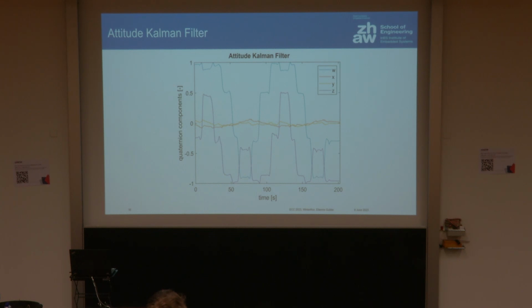So it makes sense that we only turn around the z-axis. The W component actually just ensures that this quaternion always stays of unit length. So that's the specialty about this quaternion, which makes it a little bit more tricky to work with.